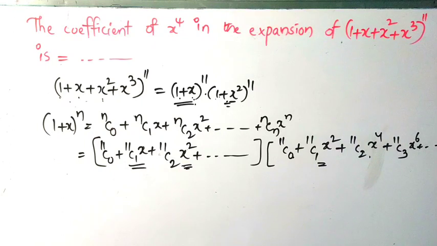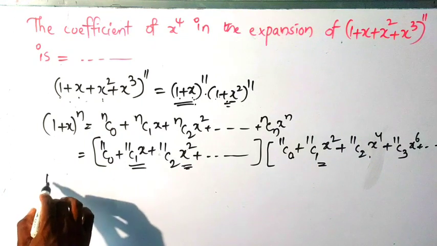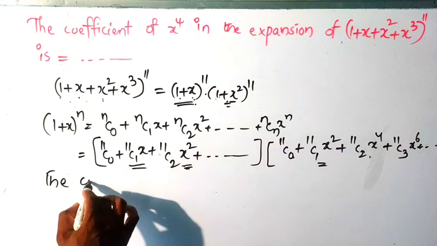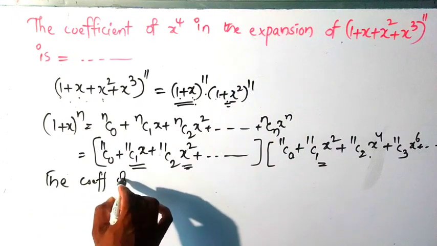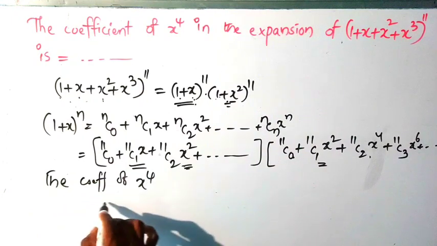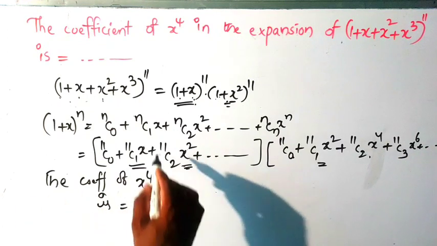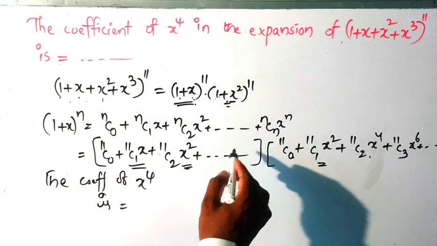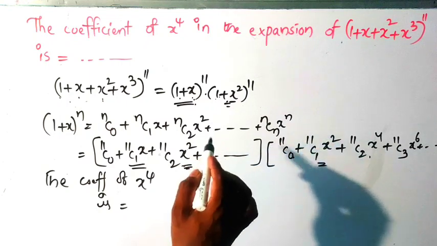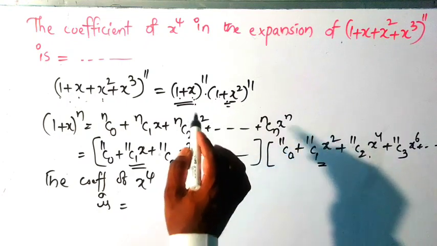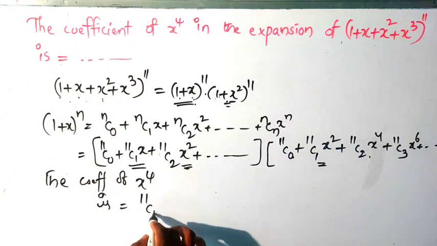So we write the coefficient of x power of 4. 11C2 x², 11C3 x³, 11C4 x power of 4 also exist in this expansion. So the first one is 11C4.